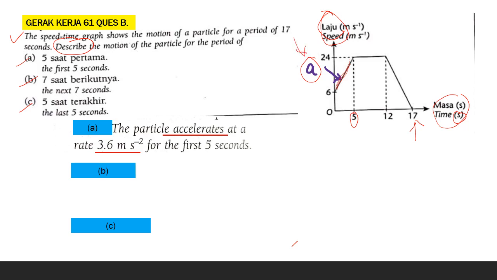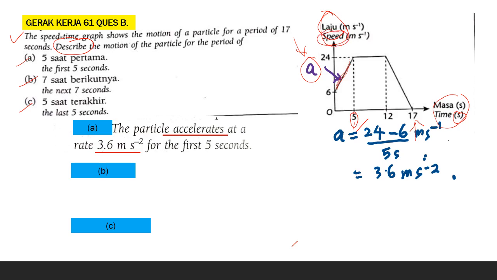For the first 5 seconds, this is 5 seconds. So how do you find the acceleration? You have to remember, for a speed time graph, the gradient is the acceleration.